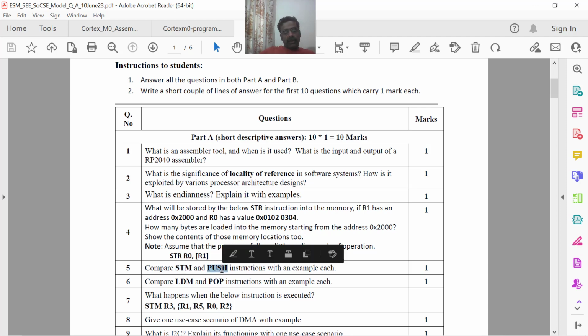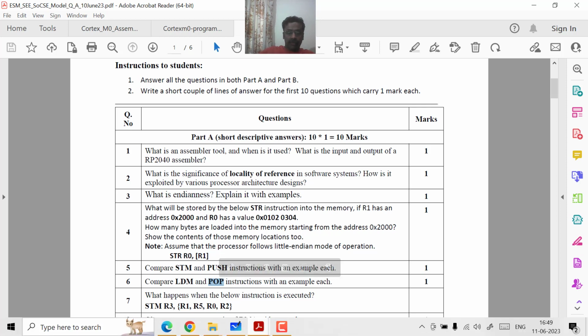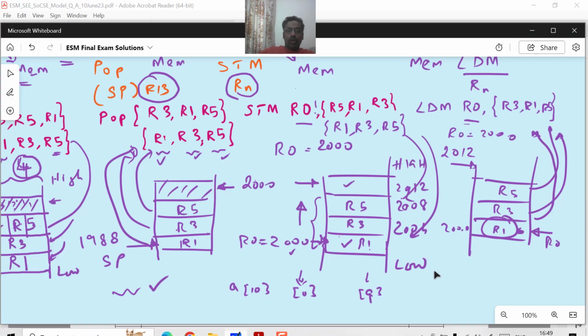And push always uses full descending mode in RP2040. In that case, the stack pointer will be used as an implicit base register, and then it operates on the memory. Both are writing into the memory, and pop is reading from the memory. I think I have explained both question 5 and question 6 in one go in this explanation.